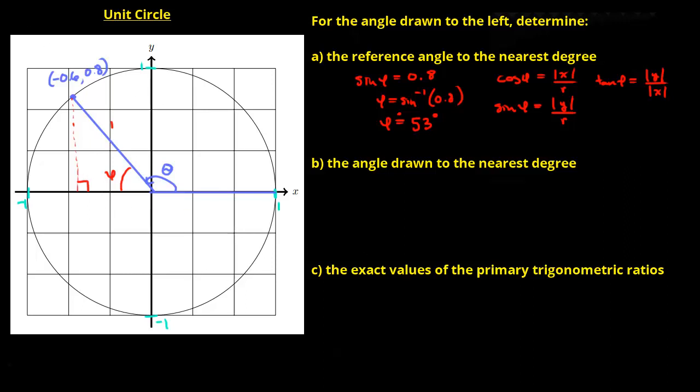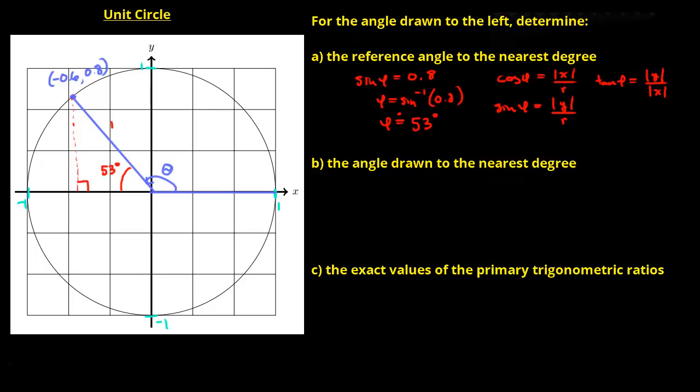So this angle here is 53. Let's erase this, and now we can label it with its actual value. This angle here rounds to 53 degrees. And next, it wants us to determine the angle drawn to the nearest degree. Now the angle drawn is theta.